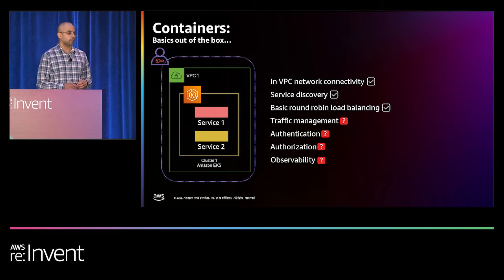But if you want to build scalable, secure, and available applications, you may need request-level load balancing and traffic management. In addition, even in the same cluster, if you have multiple teams using it across multiple namespaces, you still need context-specific authorization and strong authentication. And telemetry is always important for data operations.